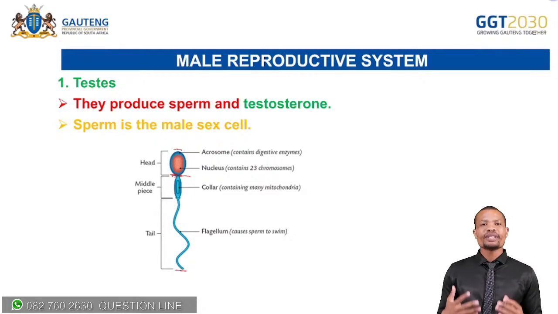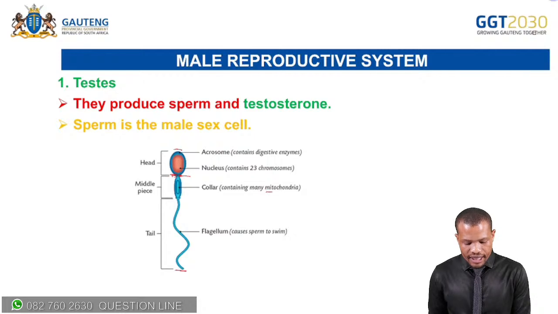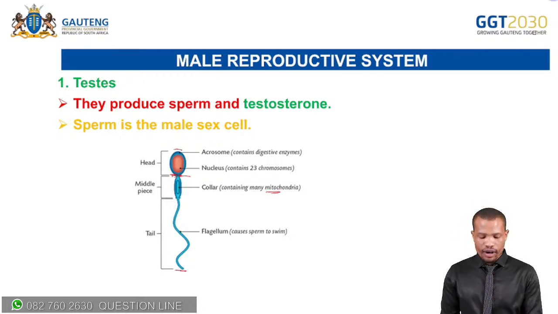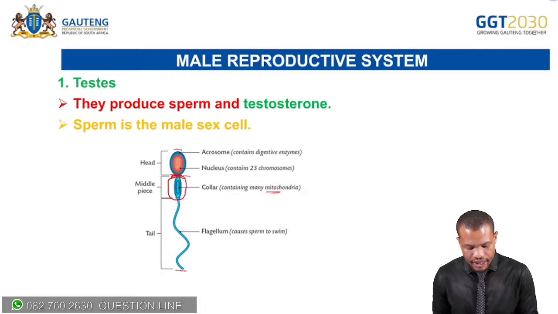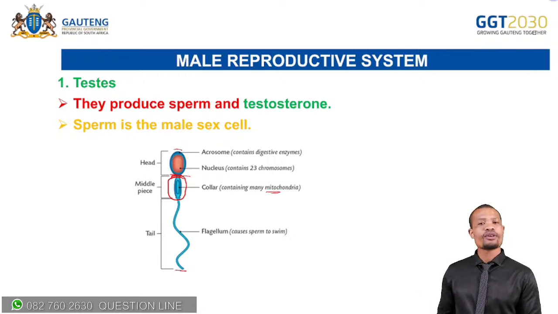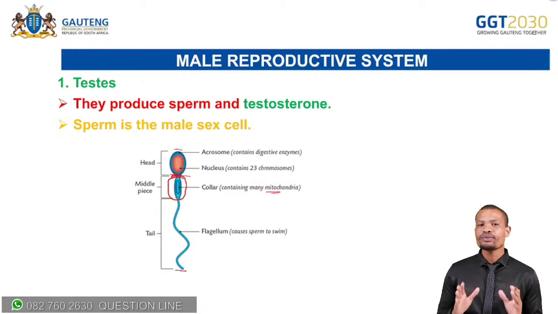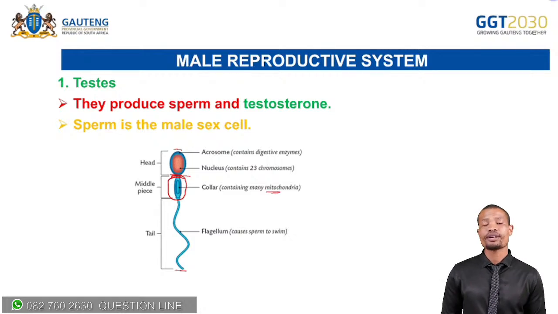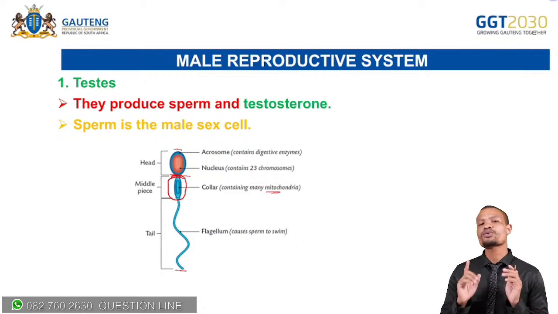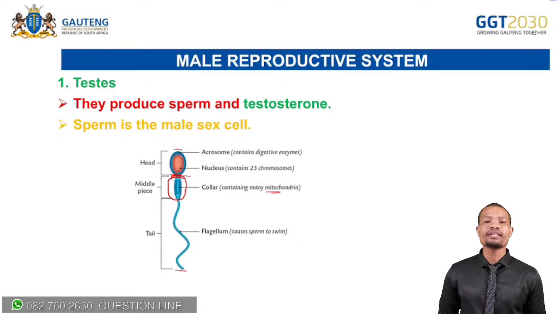But again, we need energy for this. So it has what? It has many mitochondria on the collar. This is the collar here. This collar has many mitochondria. Now, if you remember from our lessons on cells, what did we say was the function of the mitochondria? It is the energy powerhouse. So it provides fuel or energy for the sperm to be able to swim from the penis to the vagina.